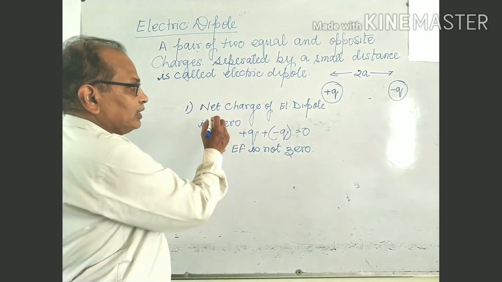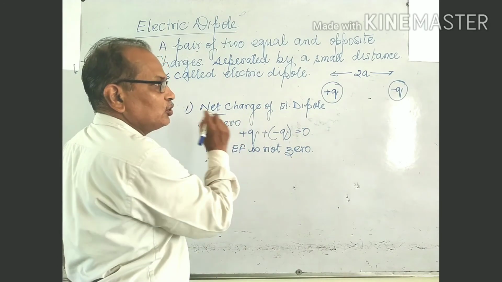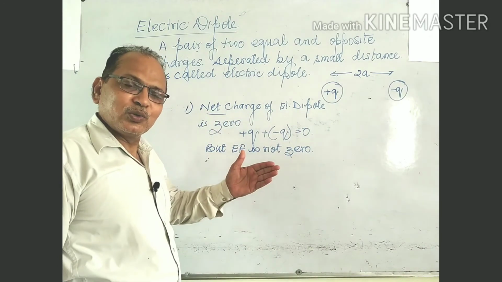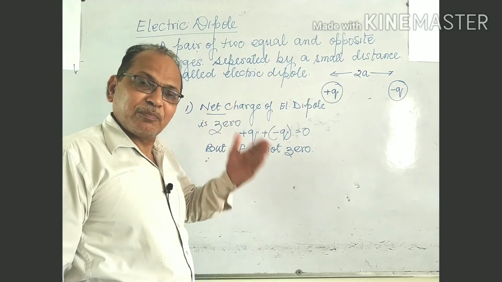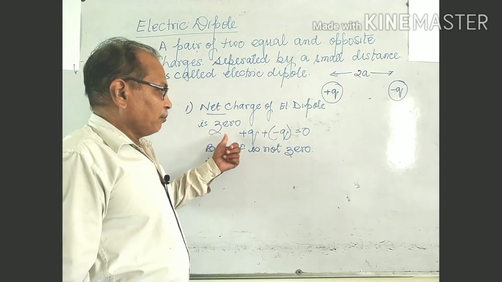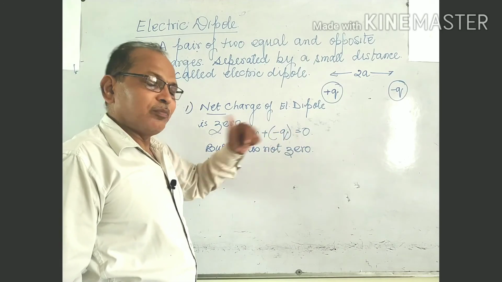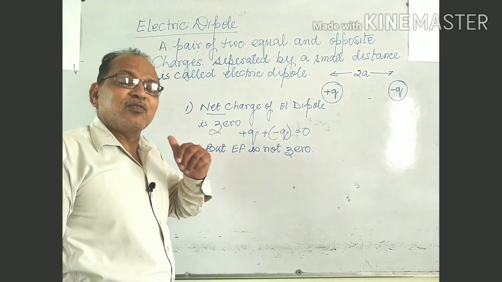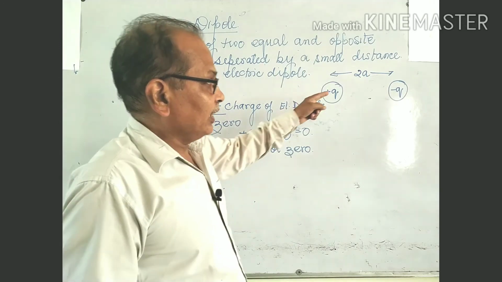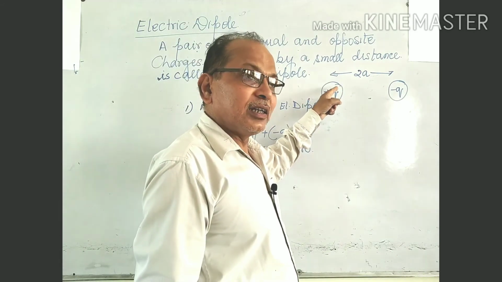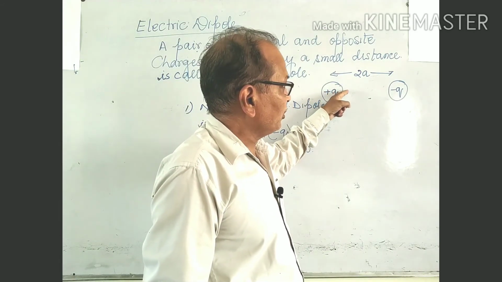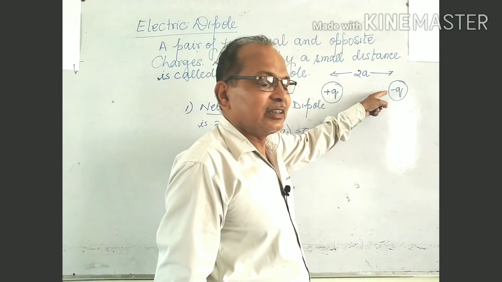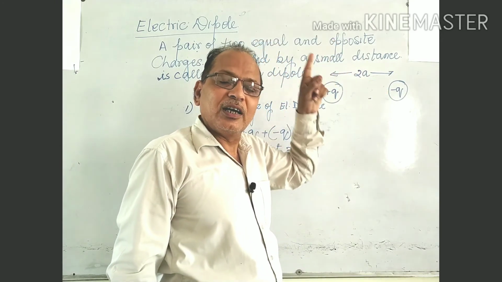The net charge of the electric dipole is zero, because plus q and minus q cancel, but the electric field will never be zero. The electric field lines originate from the positive charge and end at the negative charge, which you studied earlier.